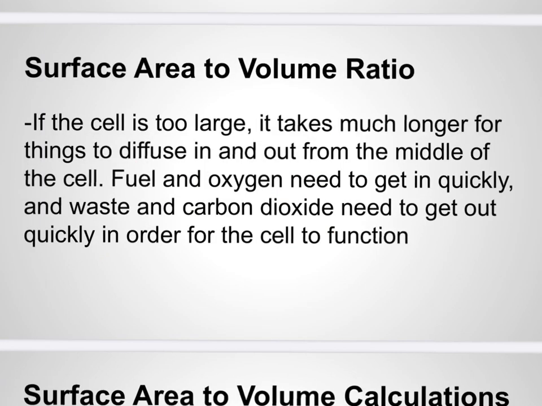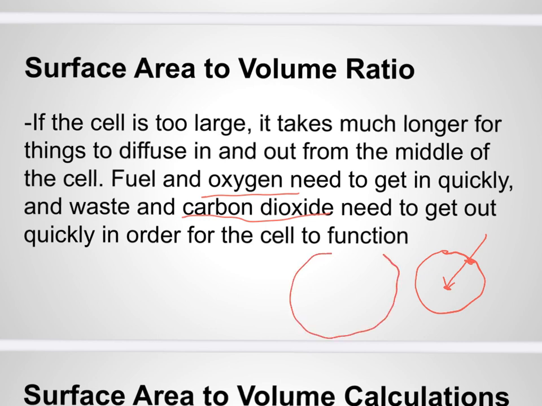The main reason for that is that cells are always needing to get things in and get things out. In particular, most cells need to get oxygen in and they need to get carbon dioxide and other waste out. So if a cell's trying to get oxygen in and say it's this big, it needs to get oxygen from here to here to get all the way inside the cell.